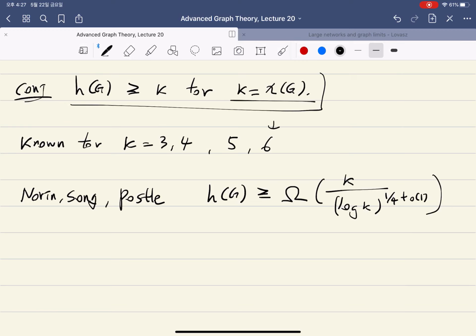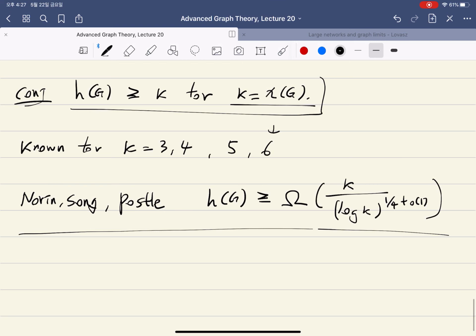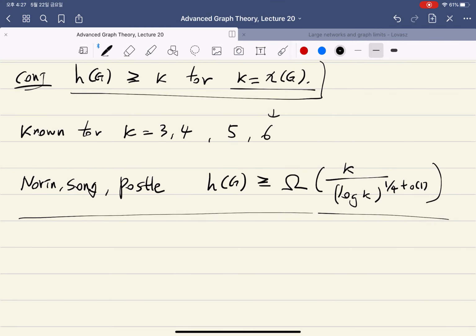This is the best known lower bound of the Hadwiger number. What they did is build on the previous results by Kostochka and Thomason on a weaker lower bound, and they strengthened it.